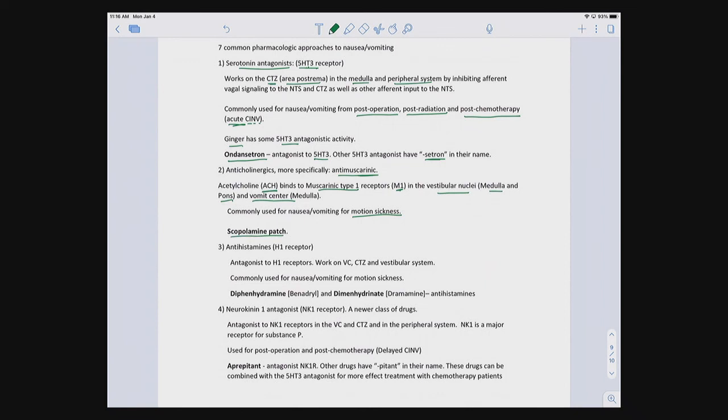I'm sure you probably have maybe even used it. It's a patch, it's transdermal, so you're going to put the patch on, and then the drug goes through the skin and works on antagonizing that M1 receptor and does a lot in terms of abating or attenuating motion sickness, nausea, and vomiting from motion sickness.